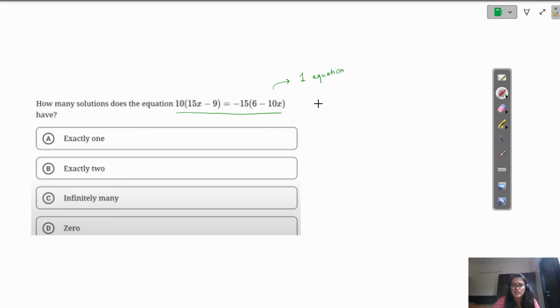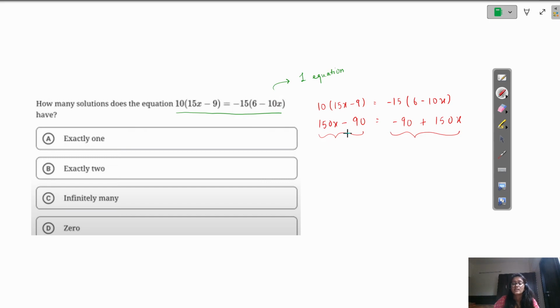Simplify this: 10 times 15x minus 9 is equal to negative 15 times 6 minus 10x. So 10 times 15x is 150x, minus 10 times 9 is 90. Then negative 15 times 6 is negative 90, and then plus 150x. The expressions on the left and right hand sides are exactly the same, just the terms are rearranged.